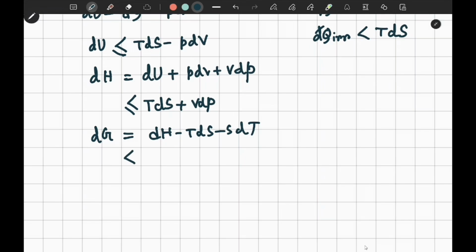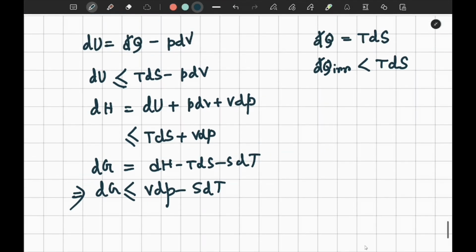So again, if you put it, then we'll obtain VdP minus SdT. So the equal sign signifies the reversible process, and the negative sign is for the irreversible process. That's okay.